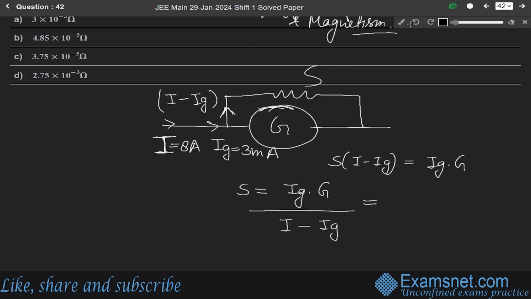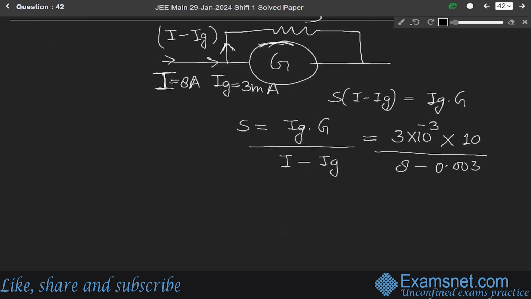So it will become Ig, 3 into 10 to the power minus 3, into G, 10, over I minus Ig, 8 minus 3 into 10 to the power minus 3, which means 0.003. So it will be 8 only. 3 into 10 to the power minus 3 into 10, over 8 only.